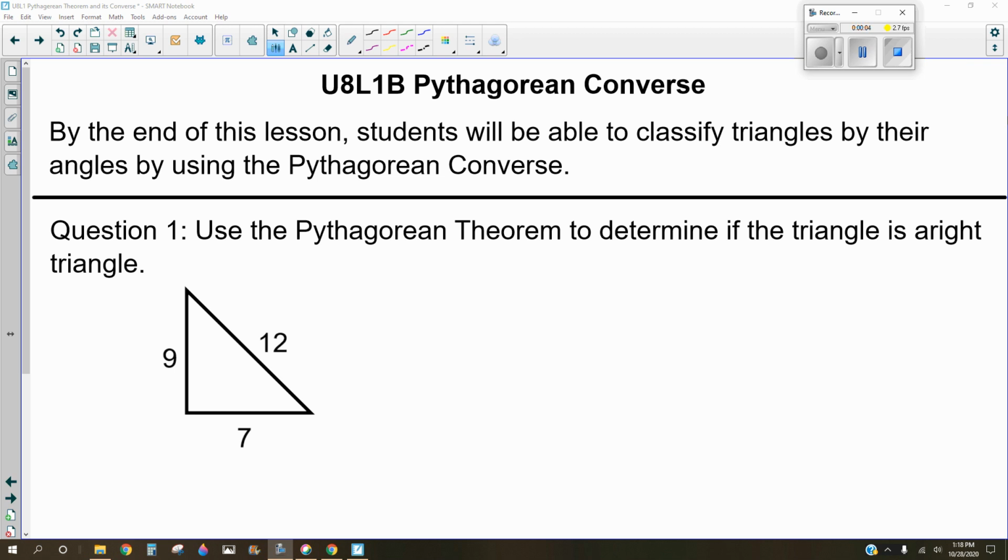In the second part of this lesson, we're going to learn something called the Pythagorean converse. Okay, we explored in the previous video that we have a right triangle, and if we locate the hypotenuse, and this would become the hypotenuse right here, we could use a squared plus b squared equals c squared.